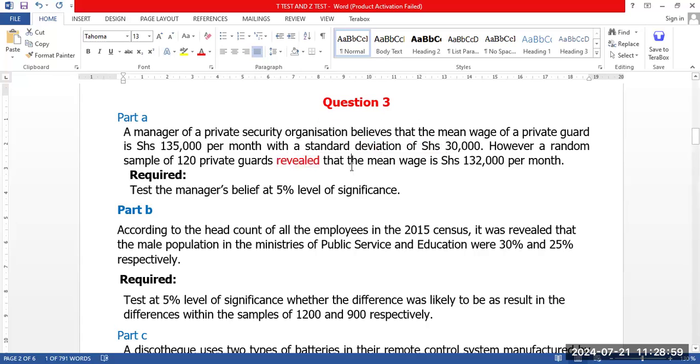But at first, we need to know what was the stated belief. Are we together? We cannot use the sample mean. We have to use the population mean here because it's the one stated. But you will test later. Okay.